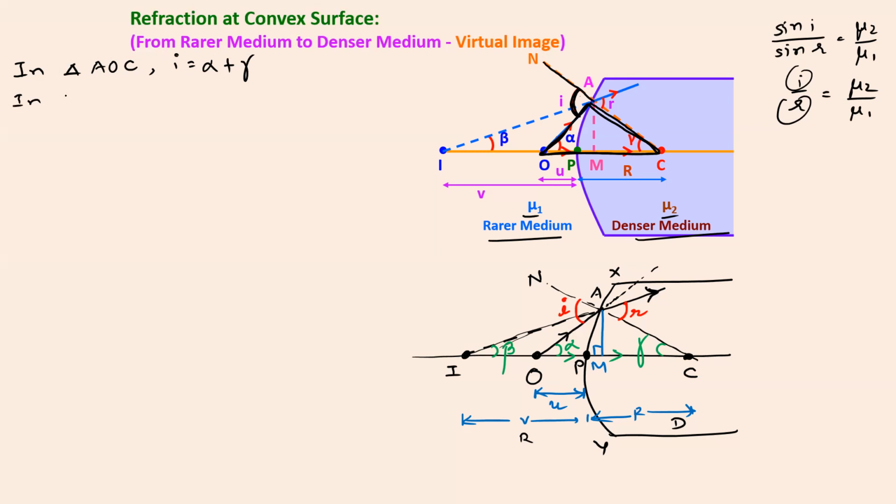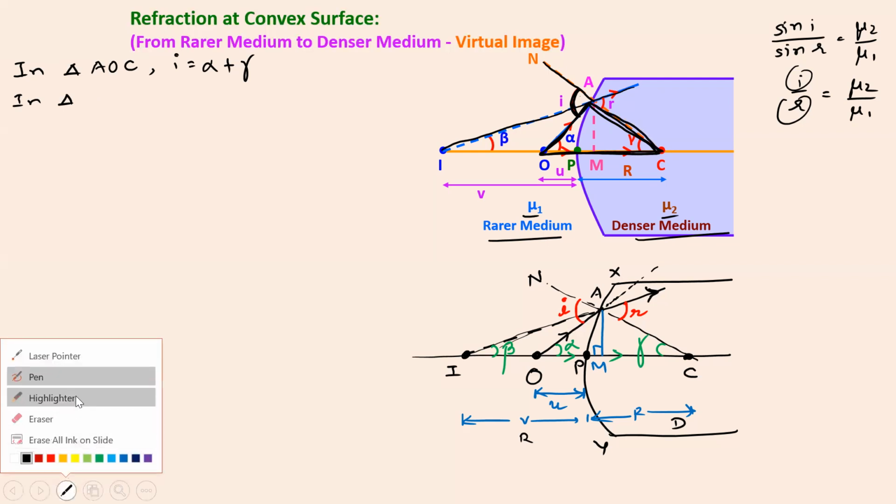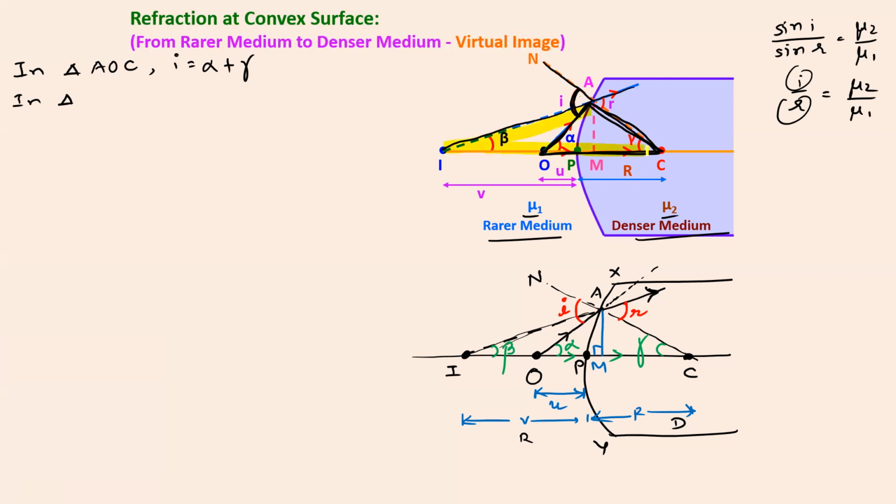And I want R also. So if you extend this, I get this full big triangle, and R will be an exterior angle of this.